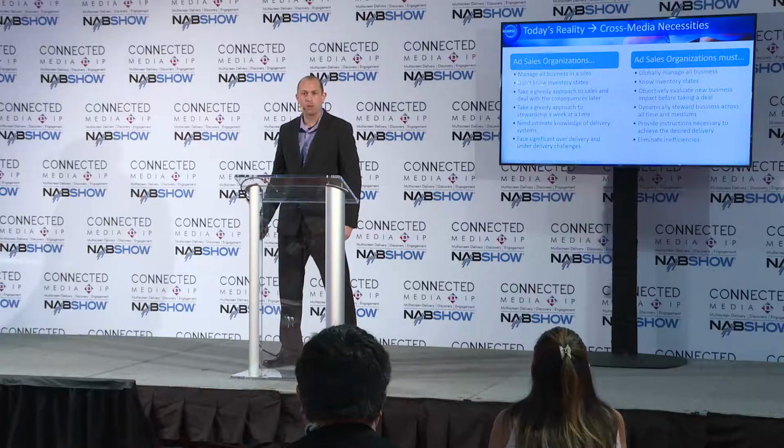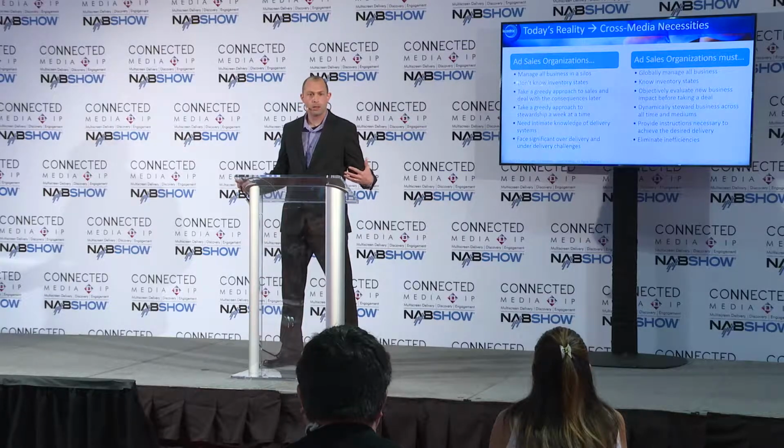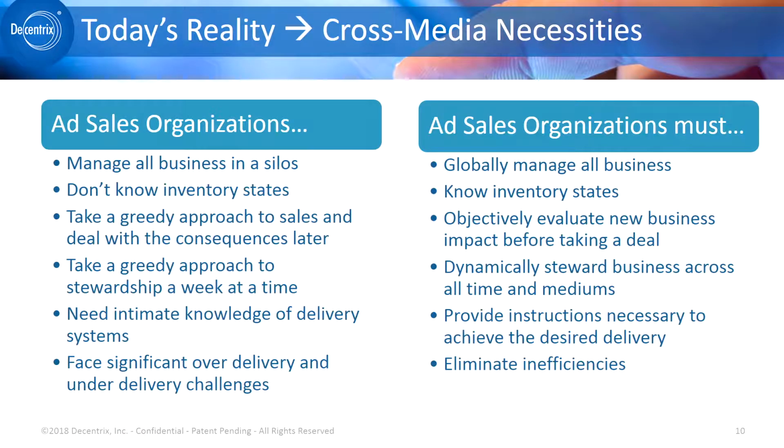So they end up taking a very greedy approach to things like stewardship, things like accepting new business. They take it while they can, and they really don't worry about what's going to happen in the future because they really can't. Most groups look at it and say, taking revenue in the hand is much better than worrying about what revenue I could make in the future.